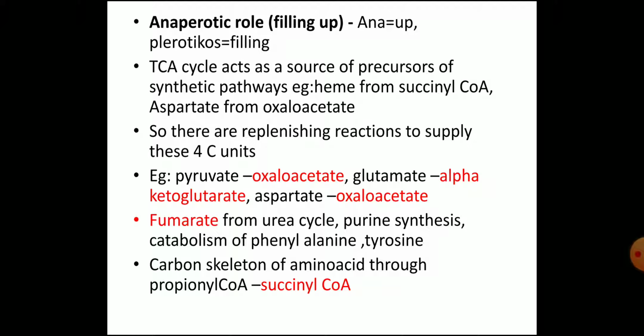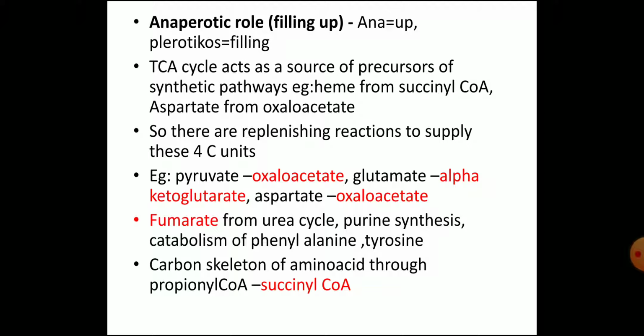So these substrates are lacking, decreasing in amount in the TCA cycle, so they have to be replenished by the supply of these 4-carbon units. Somehow they have to be replenished or produced again.